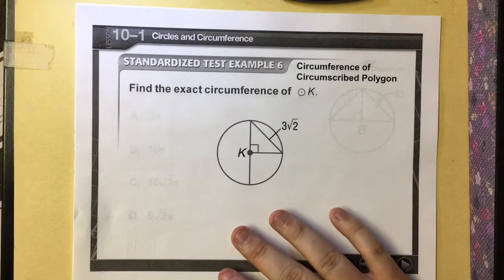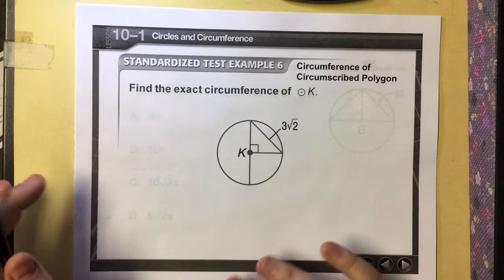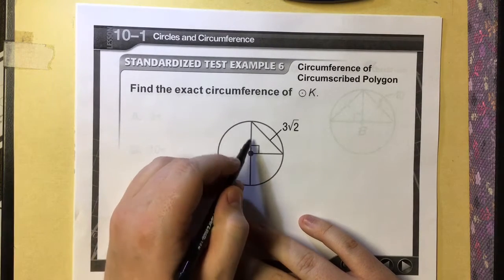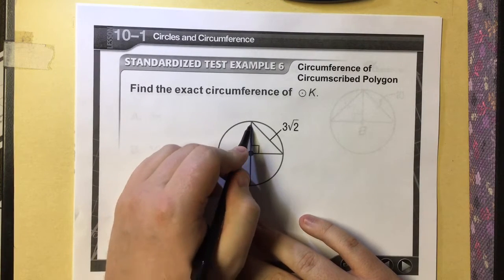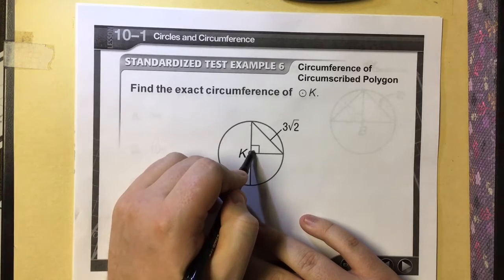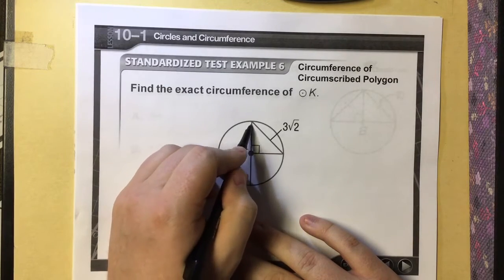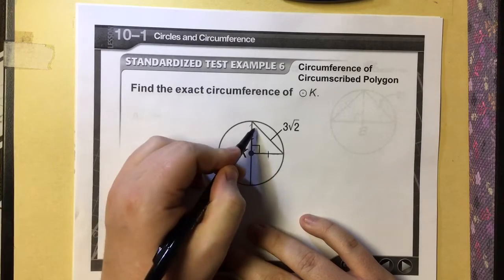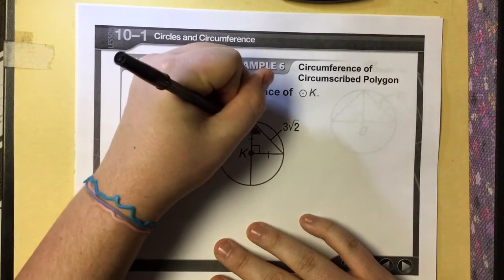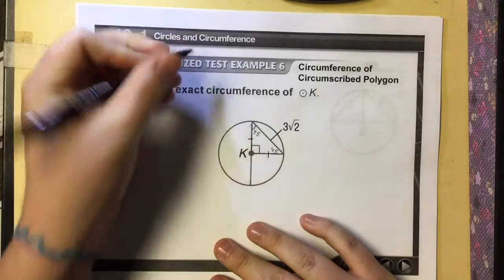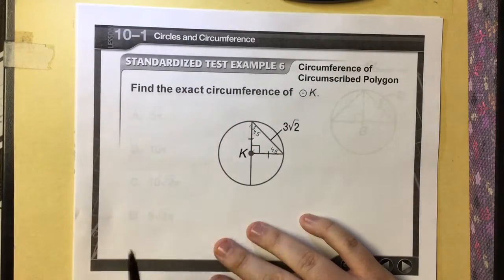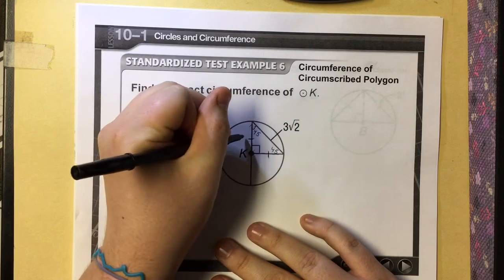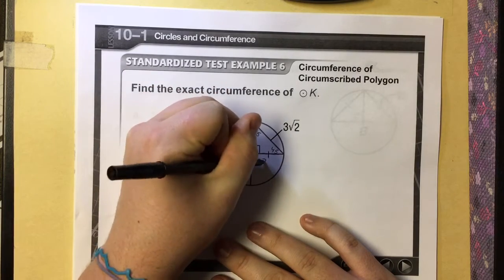All right, for our last type of example, just throwing in a little bit of review of everyone's second favorite triangle, at least my second favorite. We have a 90-degree right triangle, and we know that this side and this side are both a radius, so these two are congruent. That means this has to be a 45, 45, 90 triangle. The hypotenuse is 3 times the square root of 2. If you know the hypotenuse, to find the leg, you divide by the square root of 2.